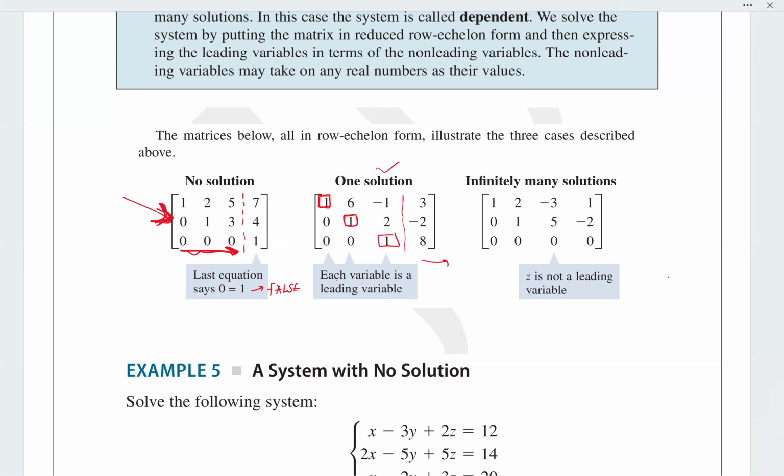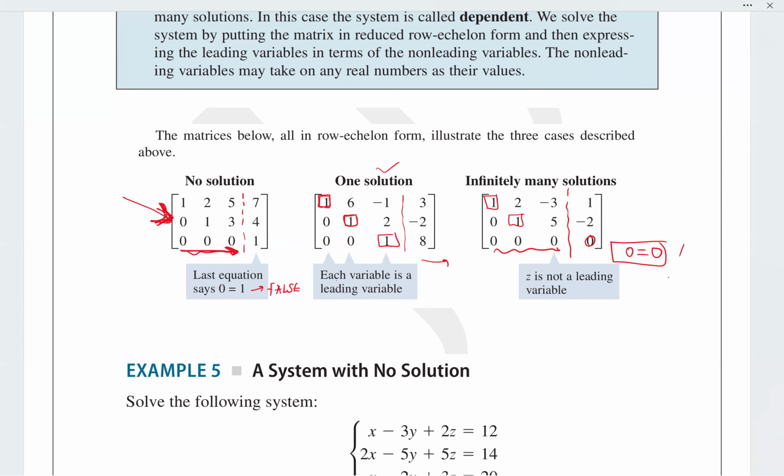But look at this situation. Here you have 1, 1. Here you have 0, which is okay. So this is still in an echelon form. But the problem is that the right-hand side is also 0. So it means you have 0 equals 0.